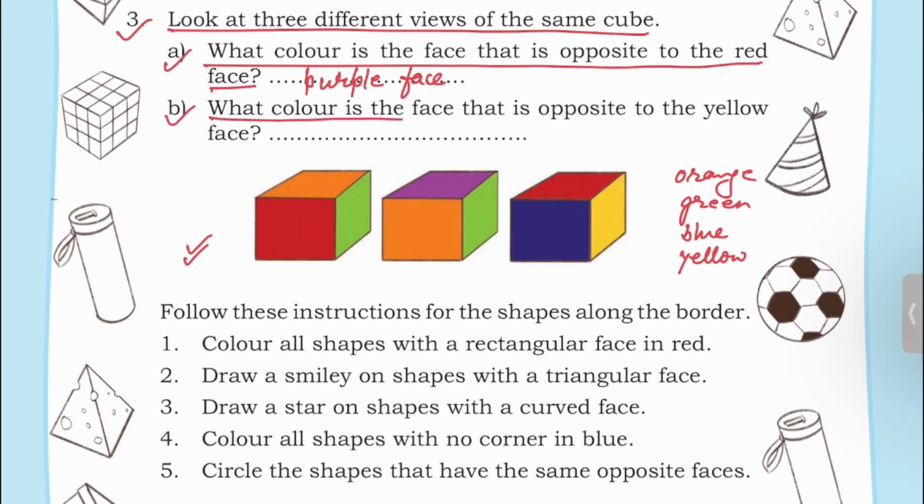B. What color is the face that is opposite to the yellow face? If you try to fit this red face here by making this face upward and then rotating this cube like this, such that the green face is on the back of the blue face and the orange face is at the back, or opposite to the yellow face, such that the red face fits the top face.